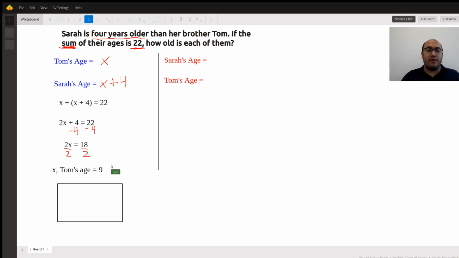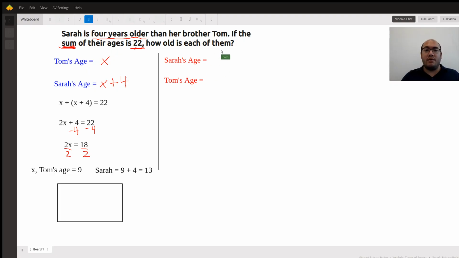We still need to find Sarah's age as well, but we see from earlier that if I add 4 to Tom's age, I get Sarah's age. So for Sarah, I'm going to do 9 plus 4, and that gets me to my total of 13. So Tom's age is 9, Sarah's age is 13.